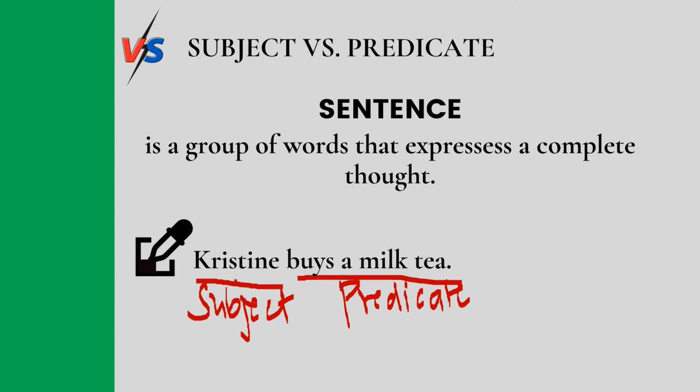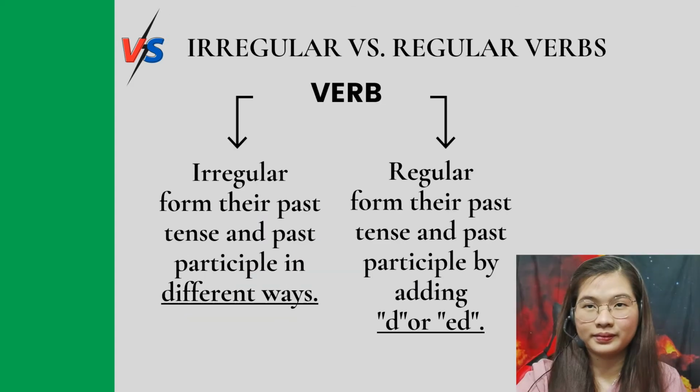Predicate contains an action word or what we call a verb. The verb in our sentence is buys, and that marks our second battle between irregular and regular verbs.